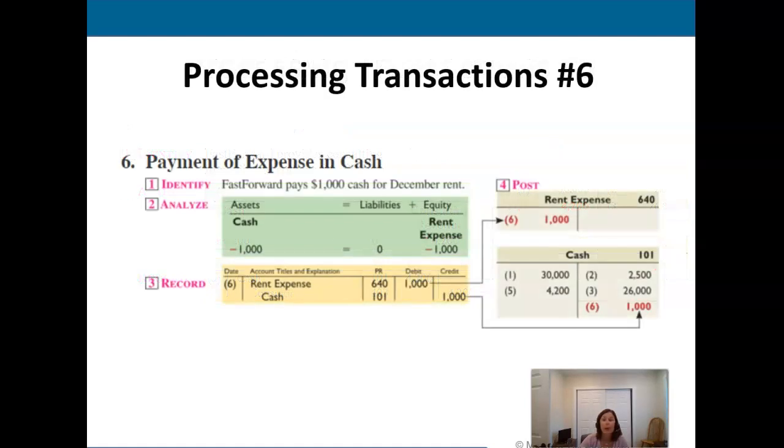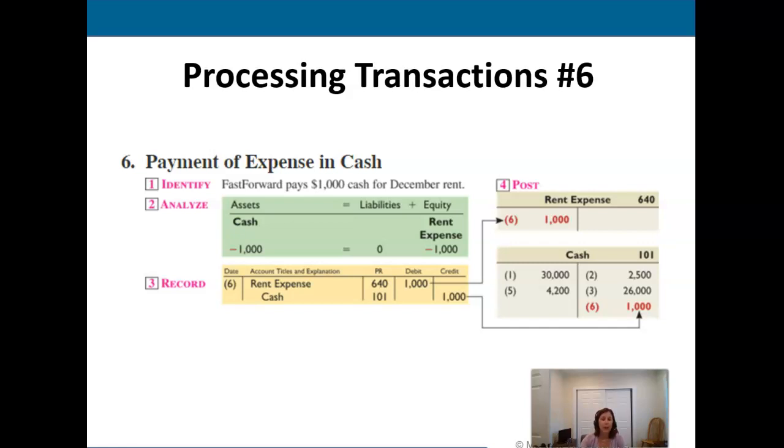Now we're going to pay some expenses in cash. So, cash and expenses. We've got rent expense that we're going to pay of $1,000. An expense account, a debit entry increases the balance in an expense account.